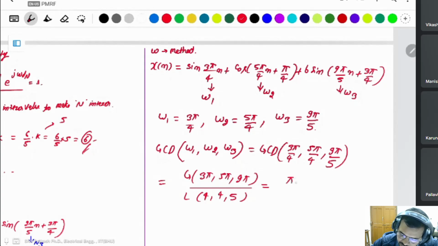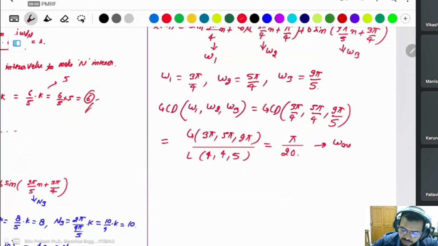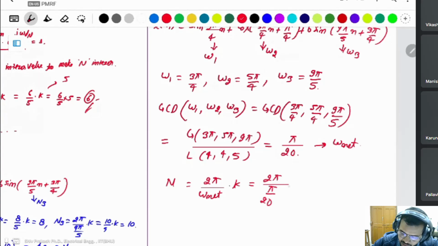The greatest common factor is π, and the LCM is 4 into 5, 20. This is omega naught, π/20. Then the time period is 2π/omega naught times k, which is 40 times k. In this case there is no need of k, so k is 1 and N is 40.